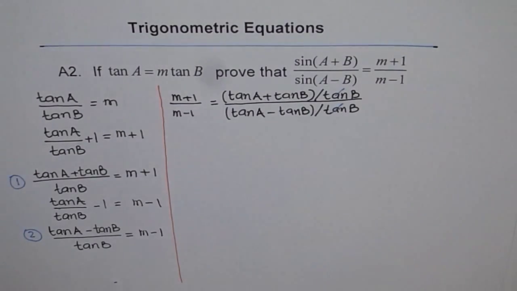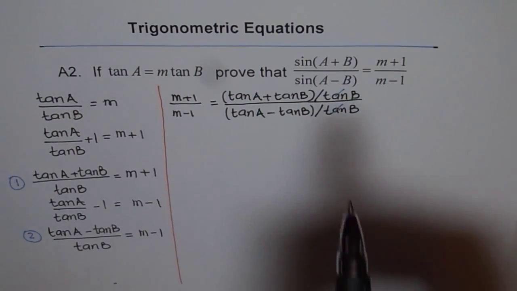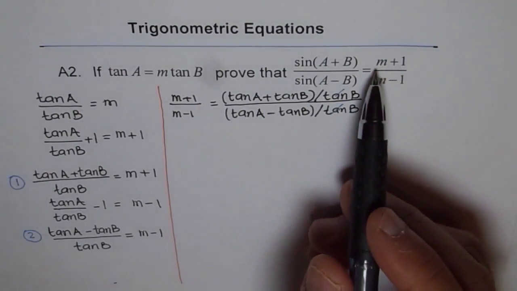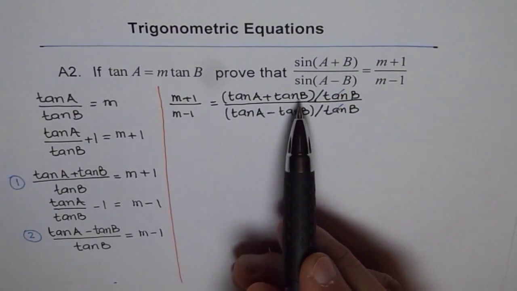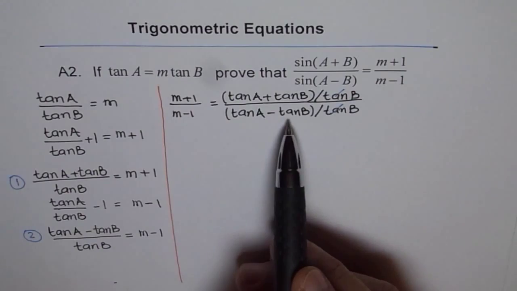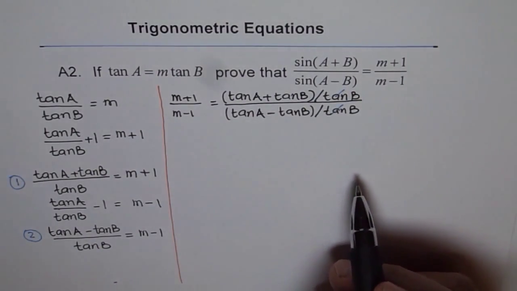Now the thing is that we want the answer in sine, not in tan. But sometimes the question is asked like this also, that m plus 1 divided by m minus 1 is equal to tan A plus tan B over tan A minus tan B. Well, this is an extension to the same question.